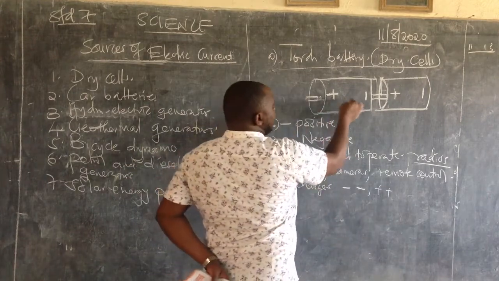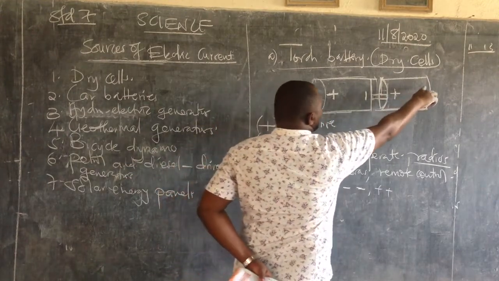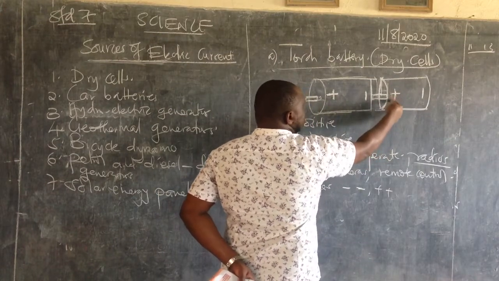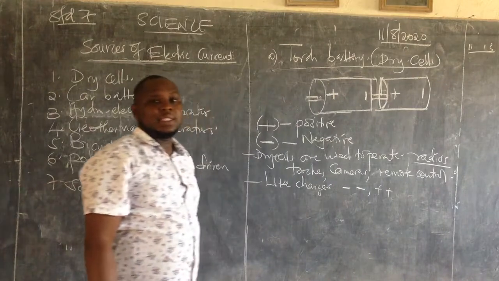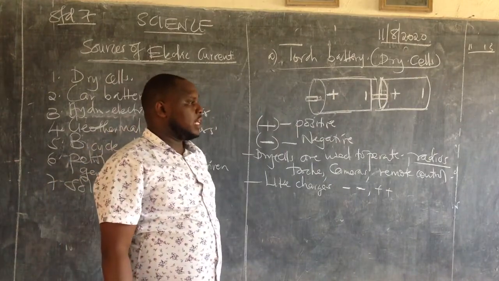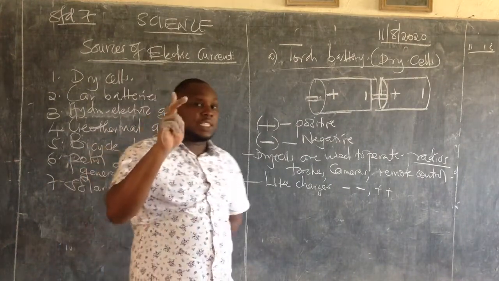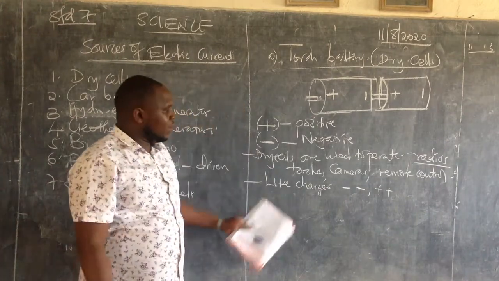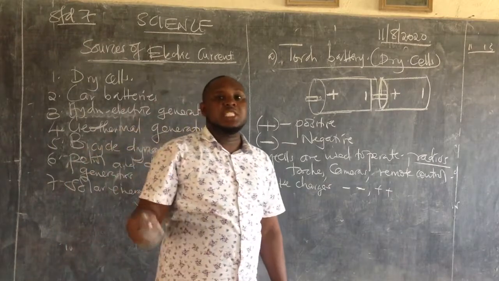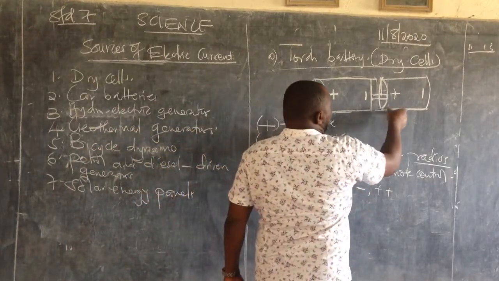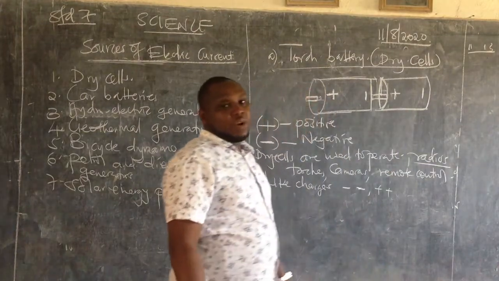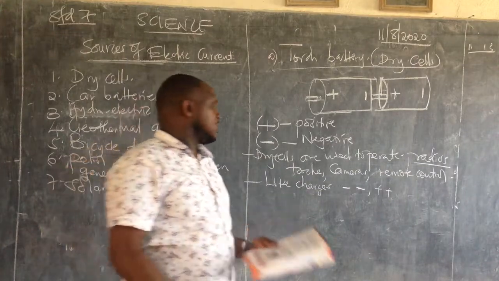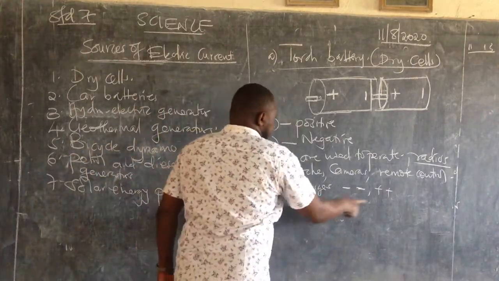So if this is negative and then you bring this dry cell so that negative appears on this side, that means negative, negative. So when you connect them like that, the bulb is not likely to light. And so you realize if you use two dry cells, only one dry cell is going to be operational. The other one will not be able to discharge its charge. So the one that was placed here will just act like a connector. Charge can only pass through it, but cannot produce charges. So this is what we call like charges.